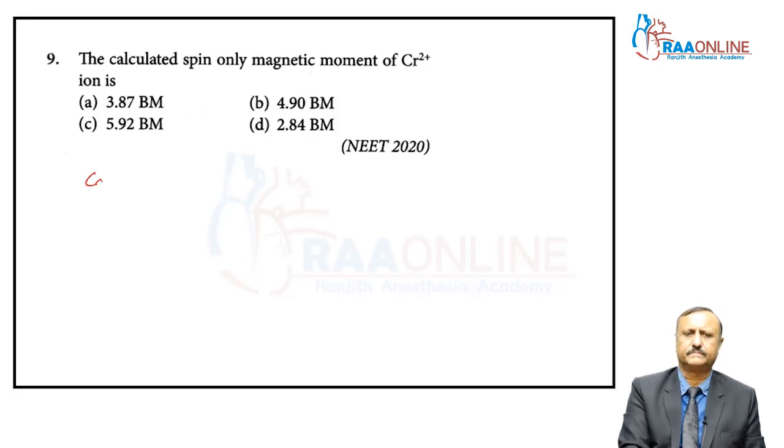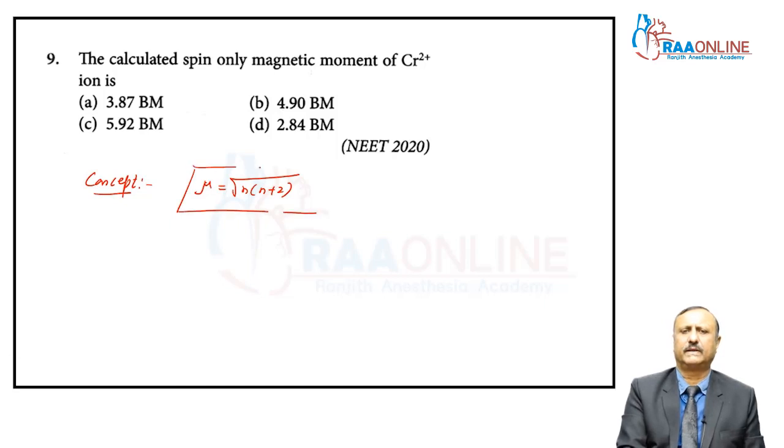What is the concept? Here, my dear students, we can calculate the spin only magnetic moment: mu is equal to root n into n plus 2. In this way you can calculate the magnetic moment by this formula.